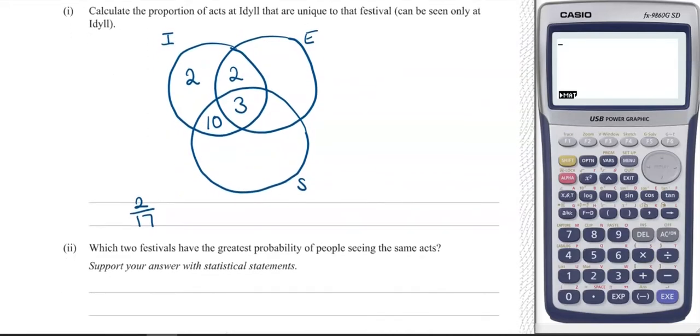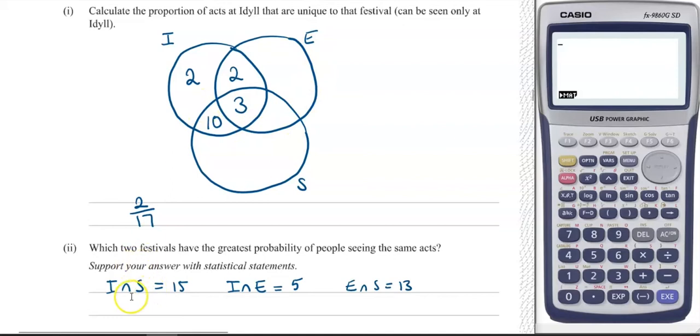Which 2 festivals have the greatest probability of people seeing the same acts? So Idyll and Serendipity has a total of 15. Idyll and Escapade, so that's the overlap here, so we've got a 5, and then E and S is equal to 13.